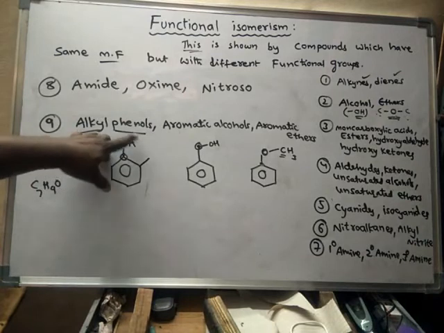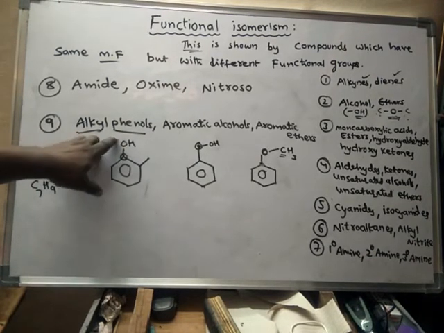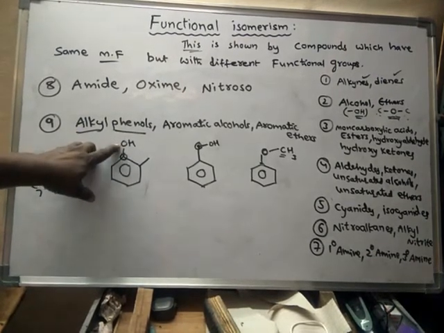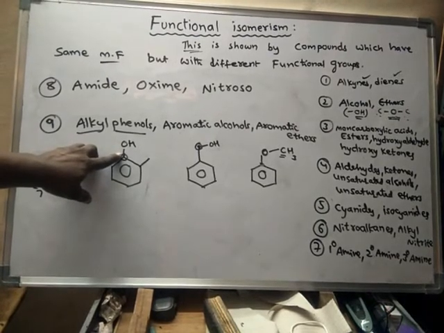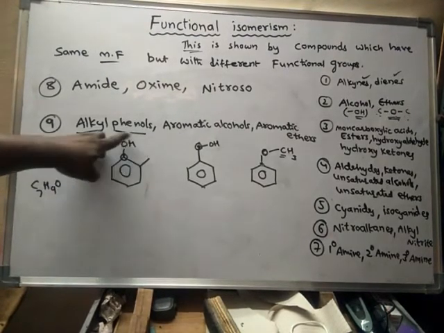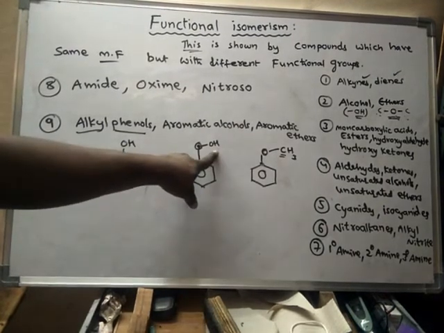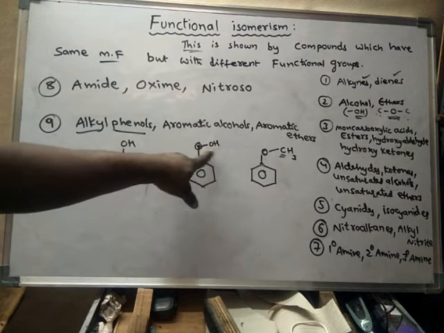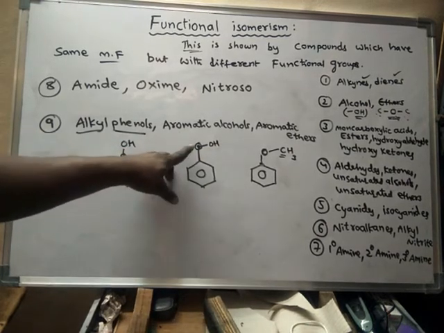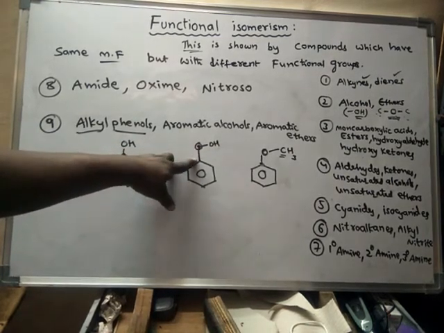Here an OH functional group is present, but it is directly attached to the ring. Hence its behavior is different when compared to the OH here. This OH is present on a carbon which is not directly attached to the ring.